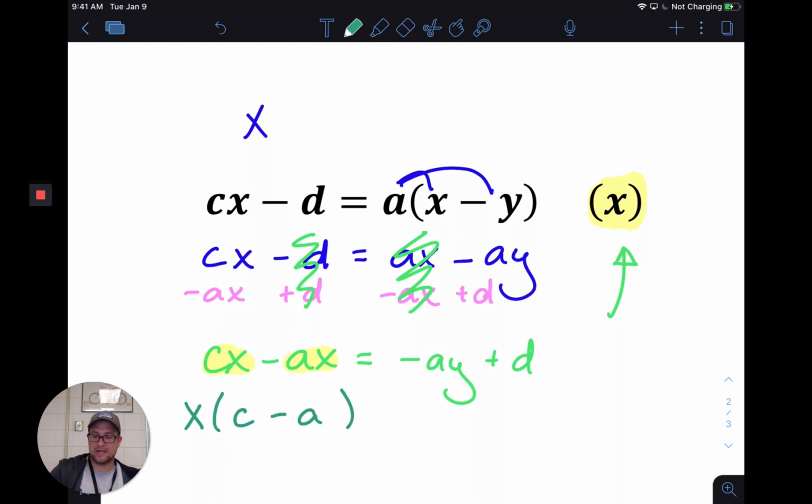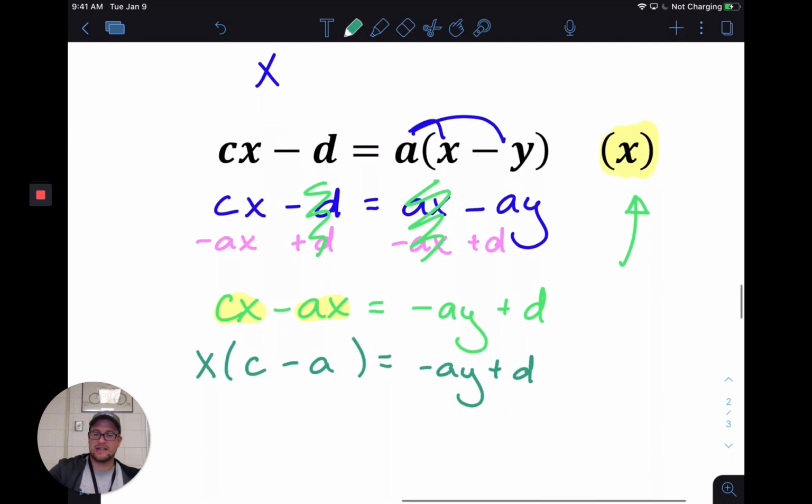And you can check, if I were to distribute that back out, I would end up at the same spot. On the other side, it's going to be unchanged. And the last part of this now is that x is hooked onto that quantity, c minus a, by multiplication, so we can unhook it by dividing.